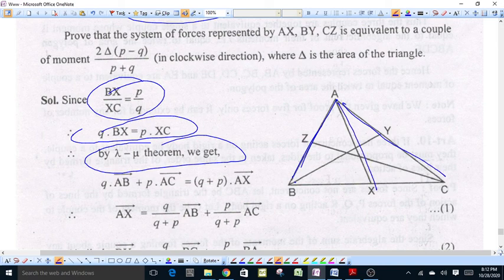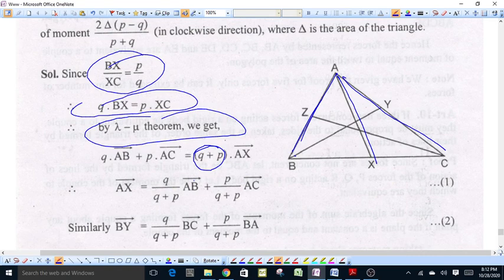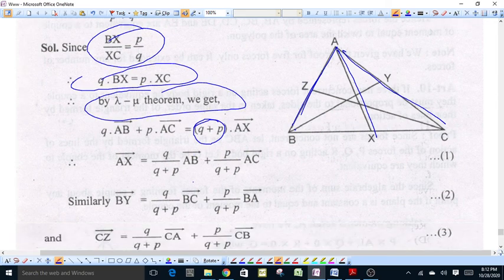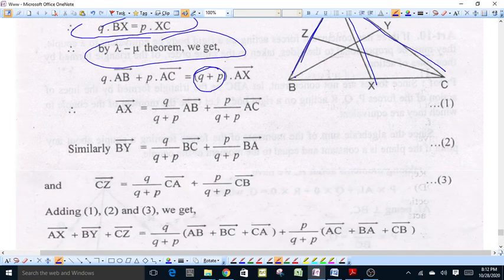From this, dividing both sides by Q plus P, AX will be equal to Q upon (Q plus P) AB plus P upon (Q plus P) AC. Similarly, BY can be written as Q upon (Q plus P) BC plus P upon (Q plus P) BA. And similarly, CZ will be equal to Q upon (Q plus P) CA plus P upon (Q plus P) CB.